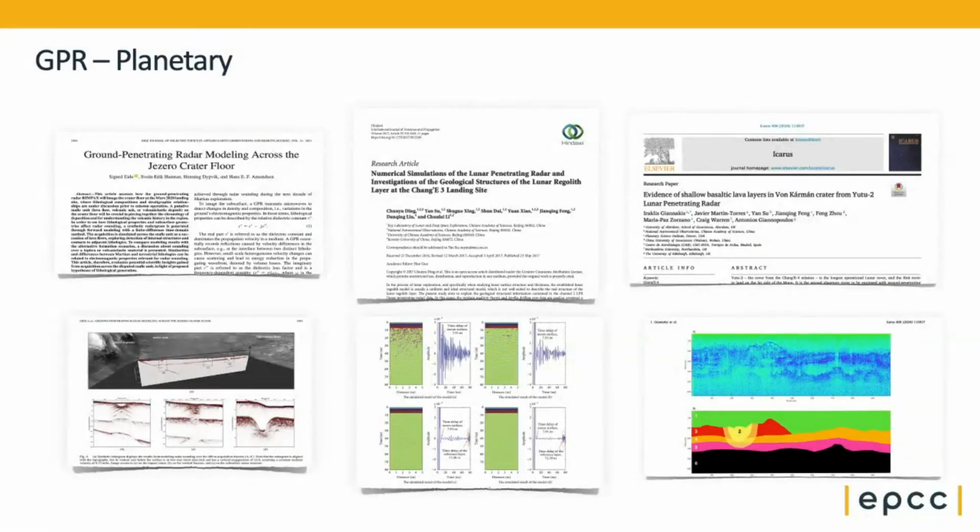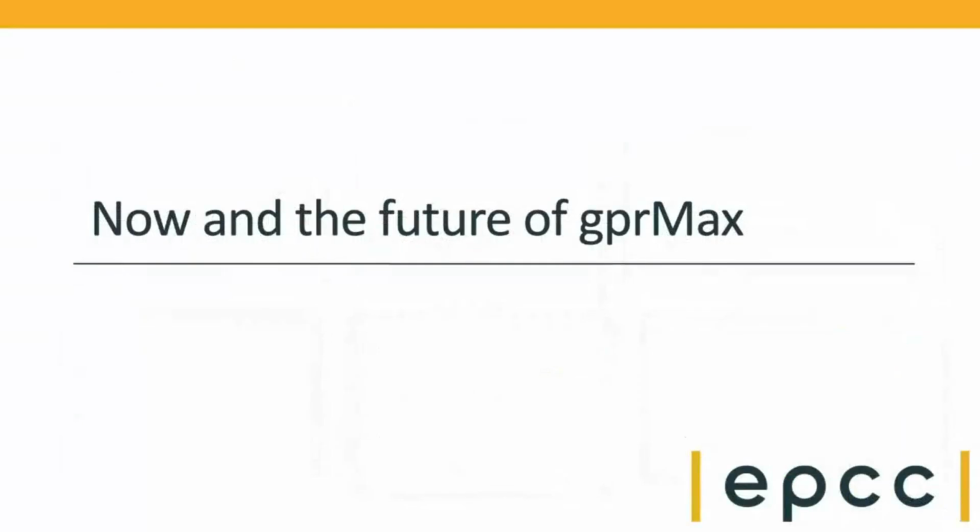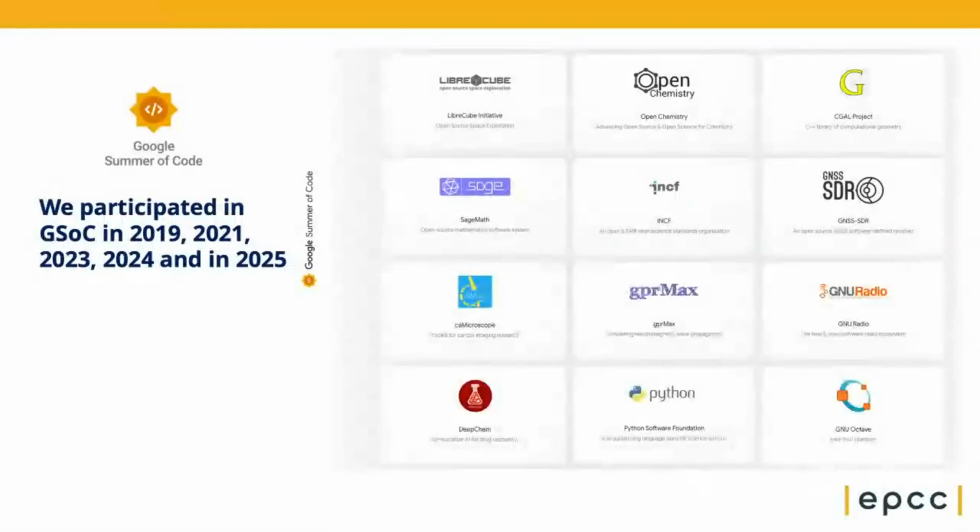So you can create data from the inside of these kinds of remote environments and try to analyze them with ground penetrating radar. These kinds of sensors are, in planetary geophysics, quite upcoming, and that's an application that we're working on and other people can work on. So what is the future and the state of gprMax at the moment?